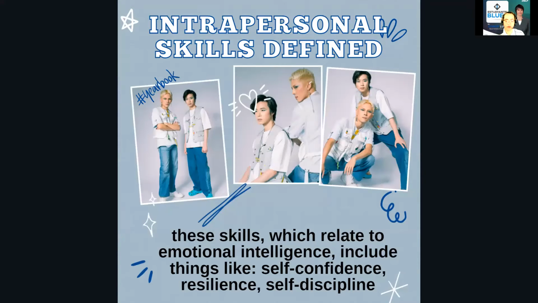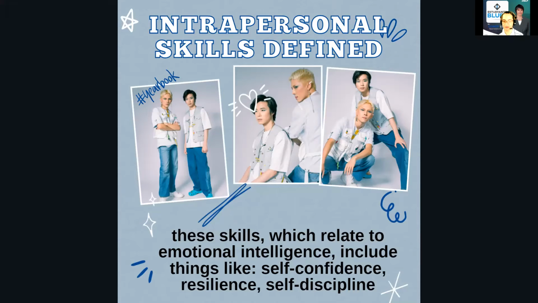So once again, what are intrapersonal skills? In addition, these intrapersonal skills are related to our emotional intelligence, or what we call EQ. They include self-confidence, resilience, and also self-discipline.